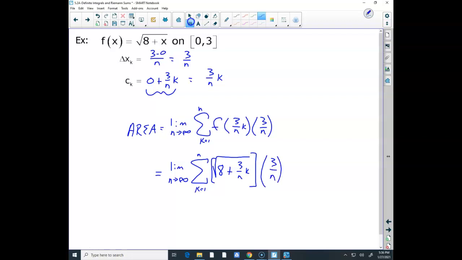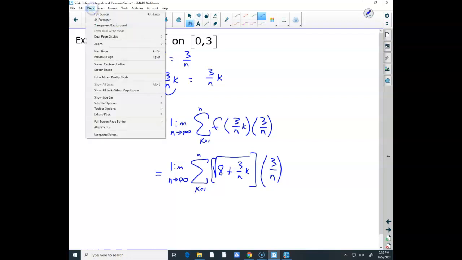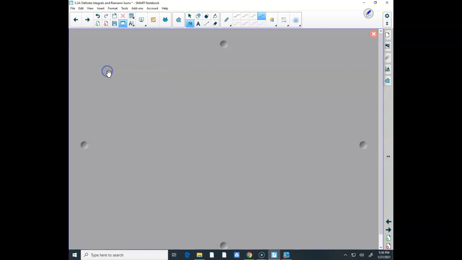And you're going to run into this, and they're going to say, write this as a definite integral. Okay? Now, hopefully, I glossed over this a little bit fast. I did something I really didn't want to do, so let me throw my screen shade up here again.